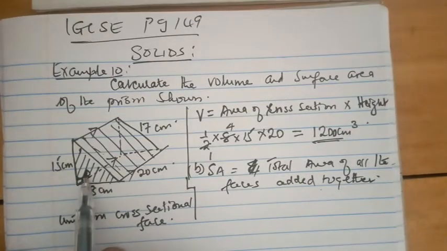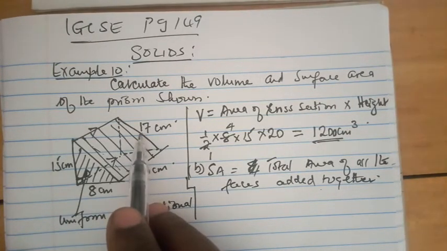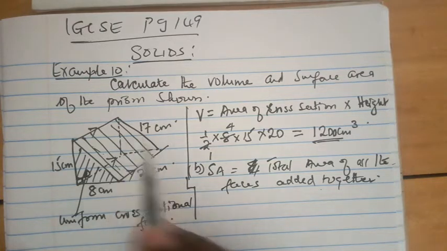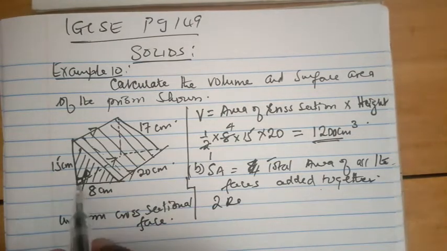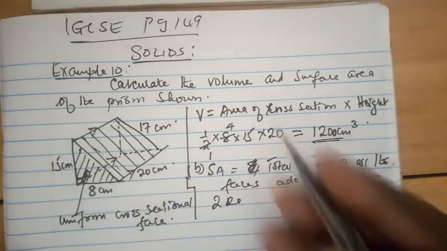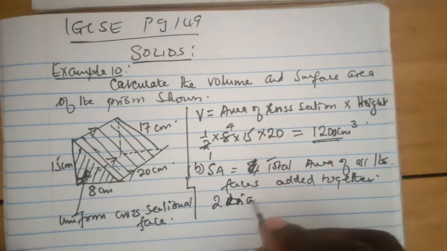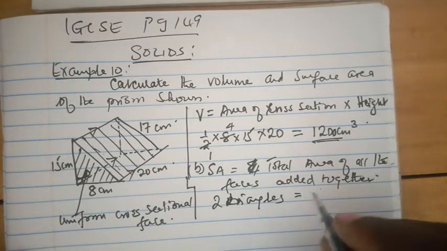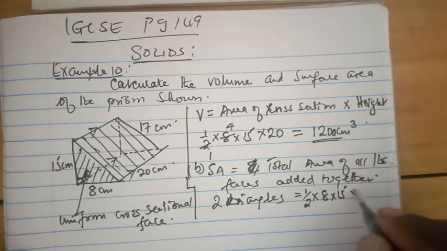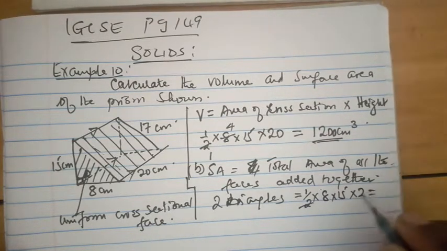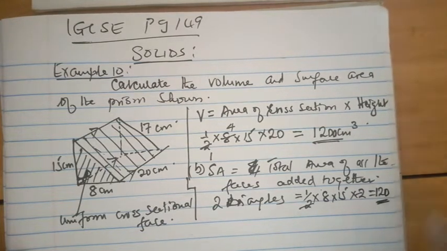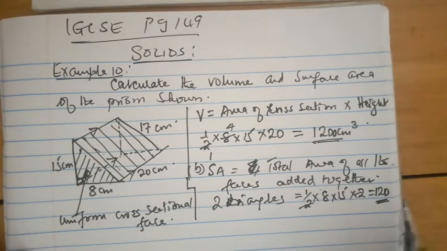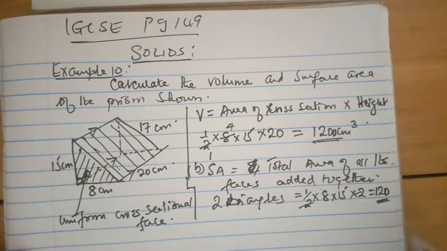We have this triangle. It has an identical face there. So two triangles, and this is a half times 8 times 15 times 2, which equals 120, because 15 times 8 is 120.